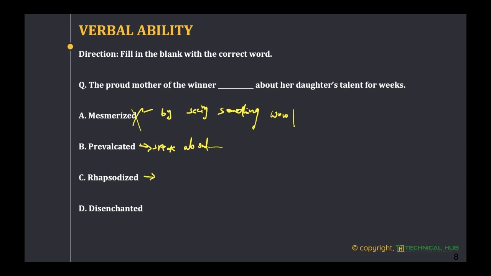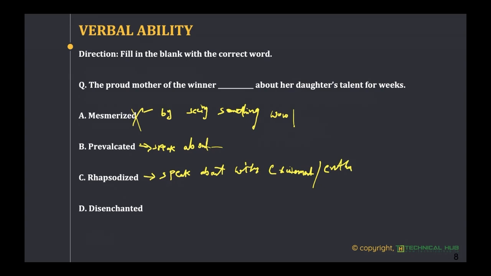Again, this is also the same. Speak about a person with excitement, with so much of intonation. For example, when I'm talking about my friends, or the person whom I like the most, what happens?